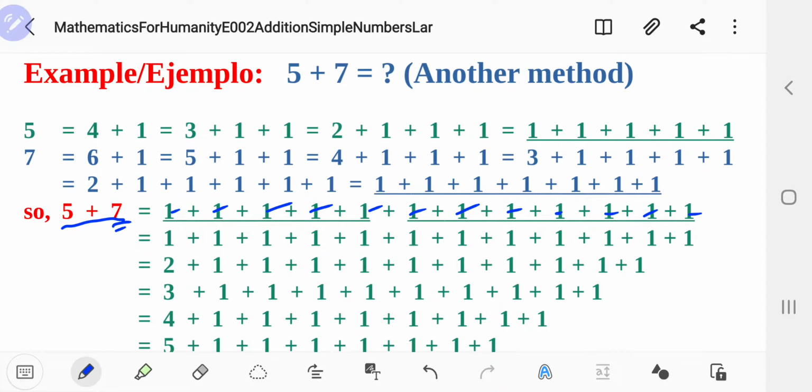So now you're going to add all of them. You're going to add all the ones. So it will just be 1, 2, 3, 4, 5, 6, 7, 8, 9, 10, 11, 12. 12 ones there, because there are 5 ones here, and then you have 7 ones there. And so when you count the ones on the next statement, there are 12 ones.